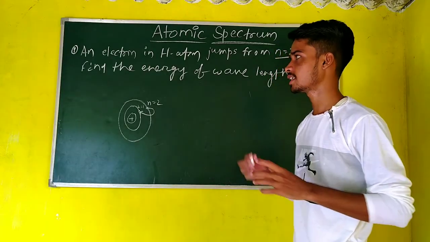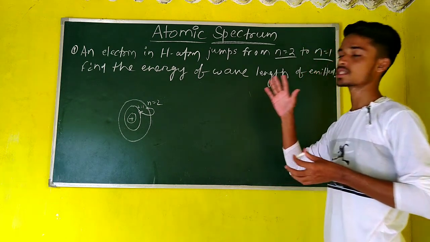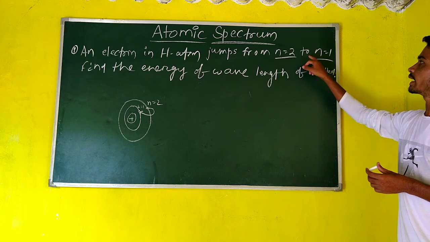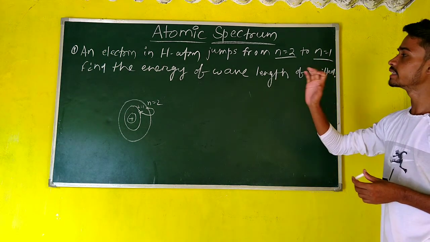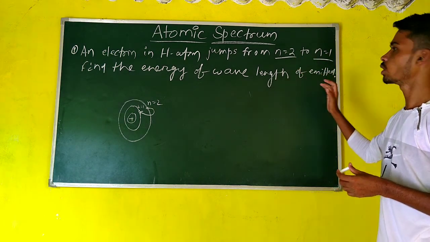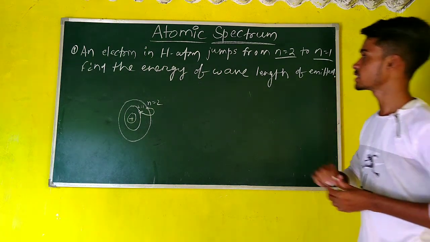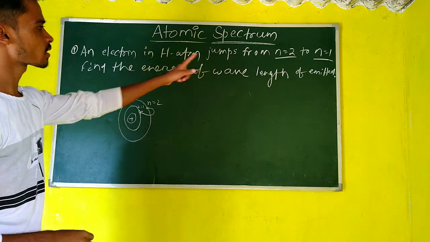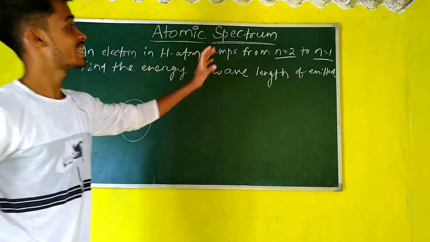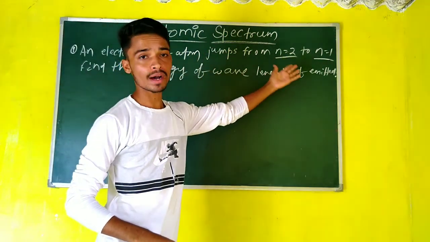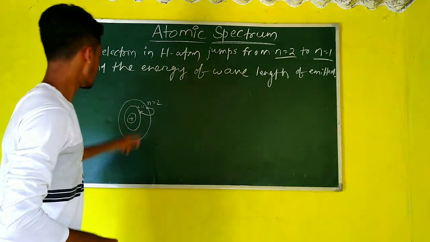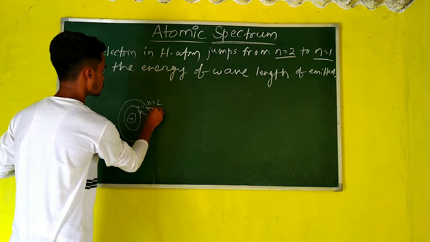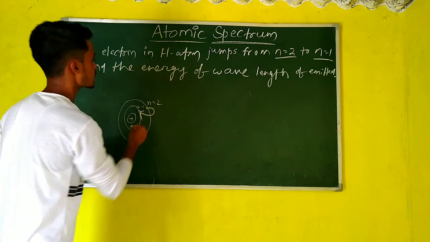Students, a question: an electron in a hydrogen atom jumps from n equal to 2 to n equal to 1. Find the energy and wavelength of the emitted radiation. What is the meaning of that question? The electron jumps from n equal to 2, the second energy level, to n equal to 1, the first energy level.